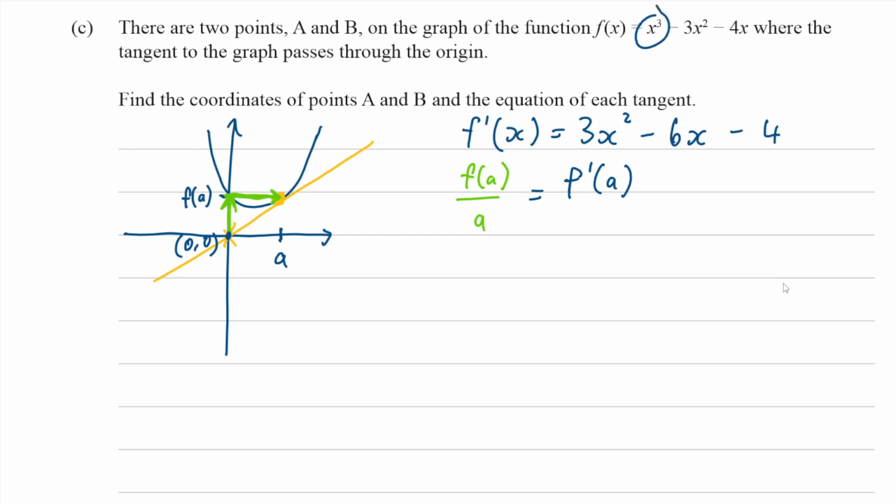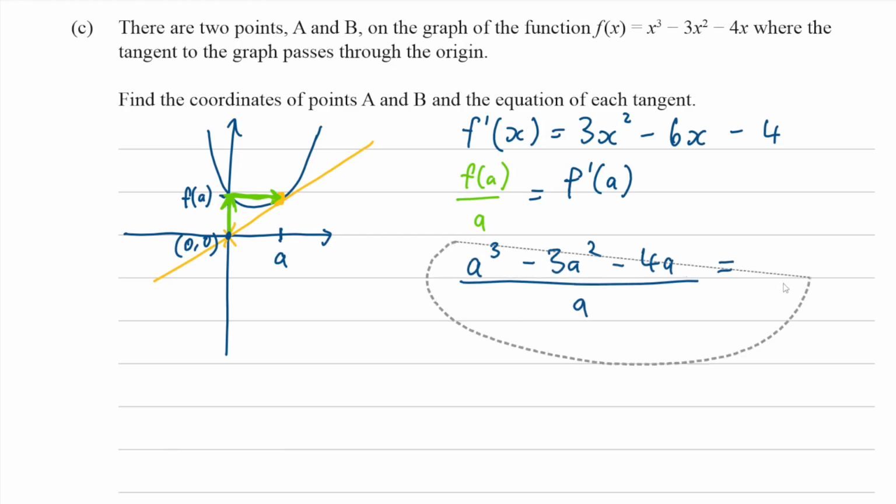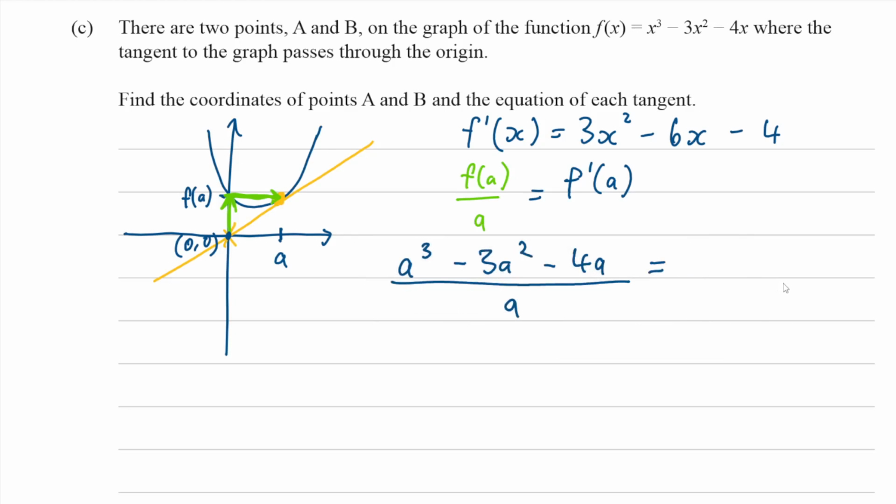So that becomes a cubed minus 3a squared minus 4a, and again that's the rise, all divided by the run, which is a, is equal to the gradient function with input a. So we worked out the gradient function. Now let's input a in for x. So 6a minus 4.